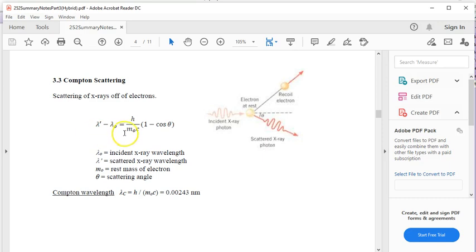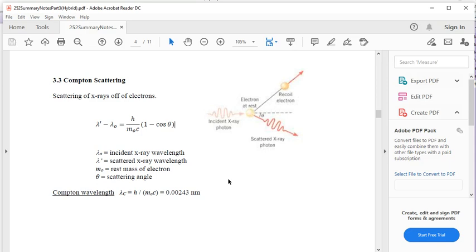So that shift is h over m naught c times, in parentheses, 1 minus cosine theta. So the photon model drops right in your lap that this shift in wavelength, its dependence on the angle theta, it's right there. You can check that with observation.